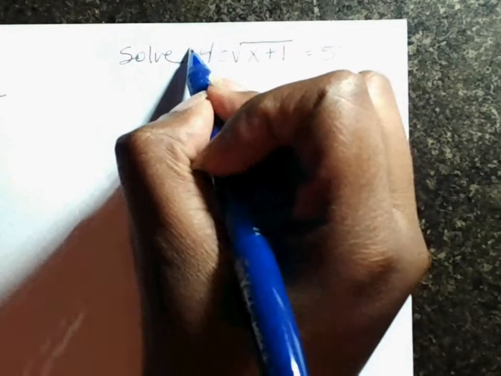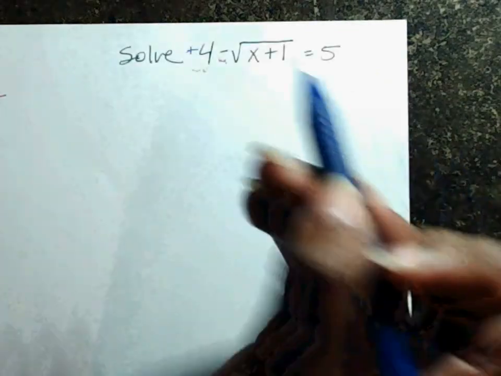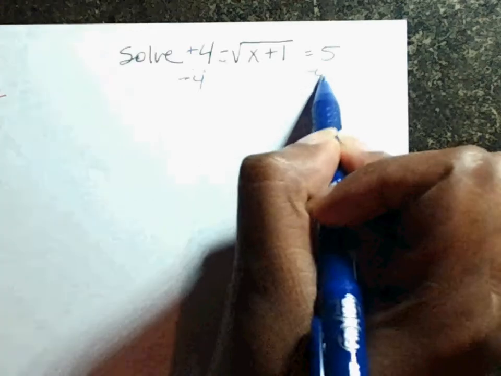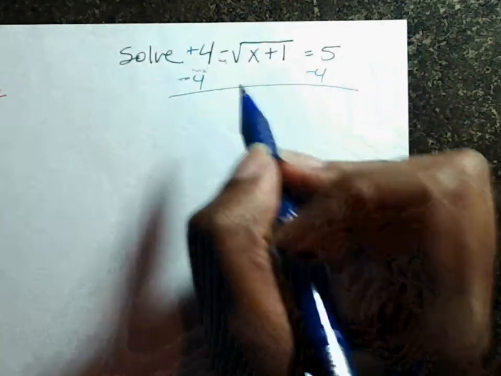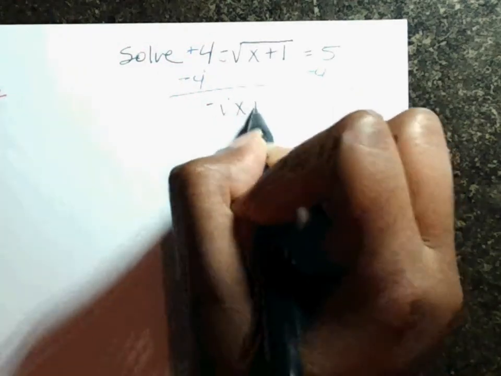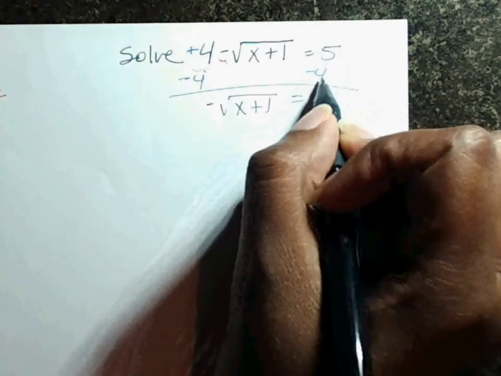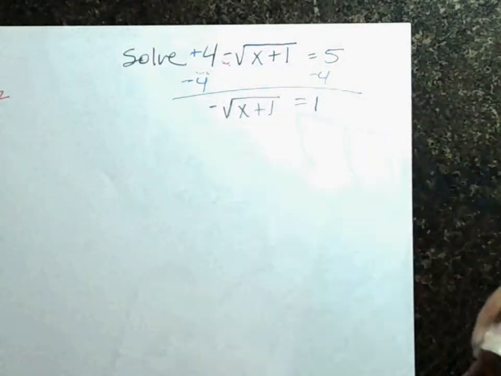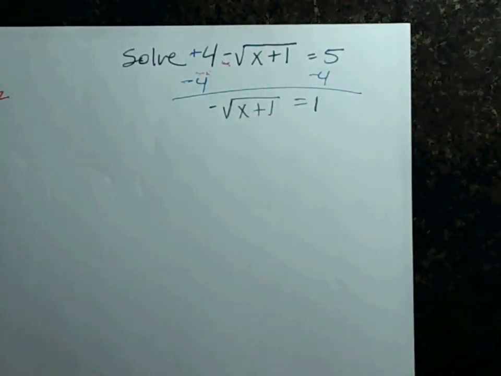This is a positive 4 here. There's an imaginary plus sign right there. So what I'm going to do is subtract 4 from both sides. You end up with negative square root of x plus 1 equaling what seems to be 1. Okay. Now, I need to get rid of that negative.